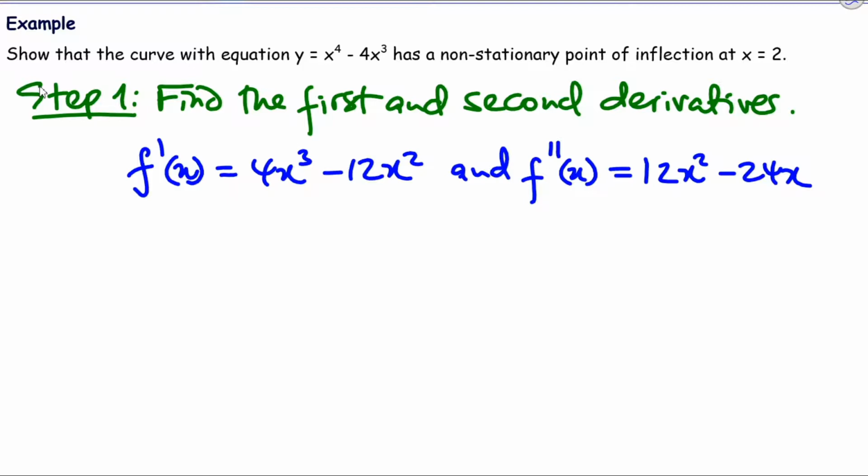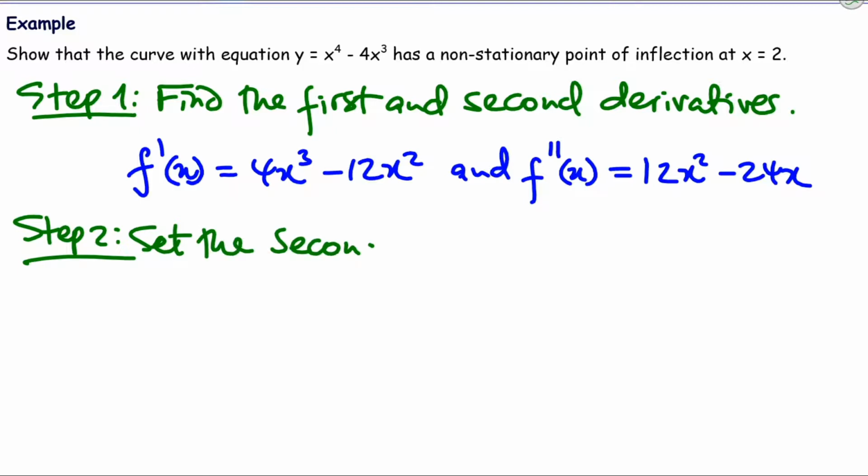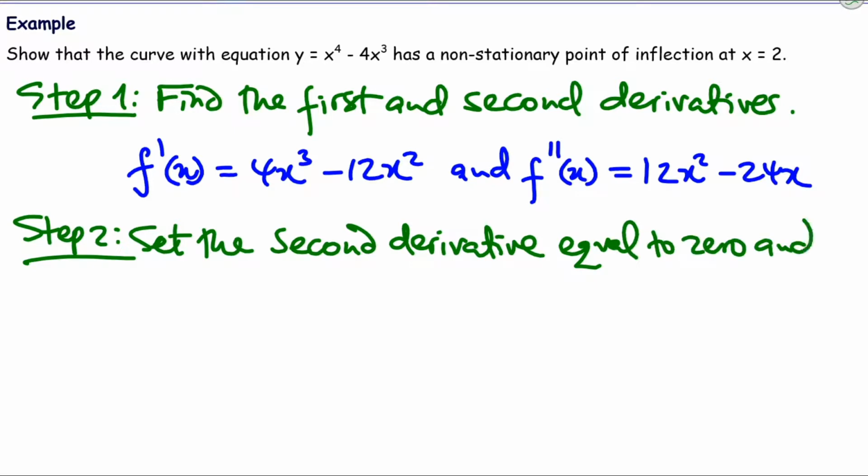What next? Step 2, we need to set the second derivative equal to 0 and solve for the potential inflection points.